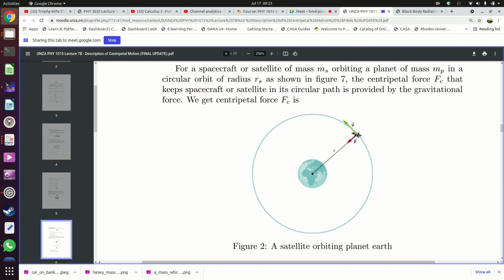spacecraft is. So this R you're seeing here, which is the radius of the orbit, is made up of the radius of the Earth plus the height of the spacecraft above the Earth.